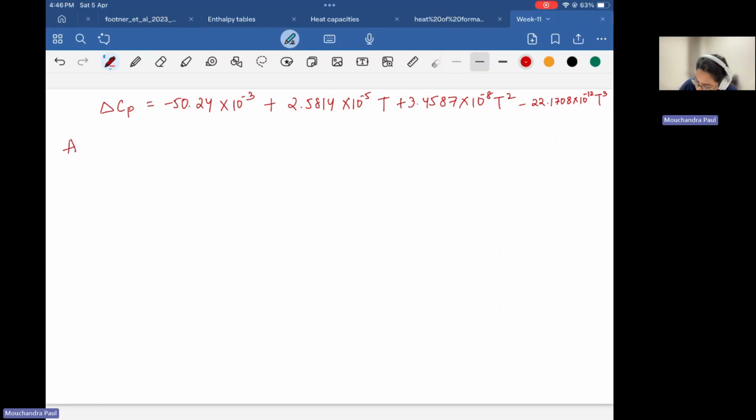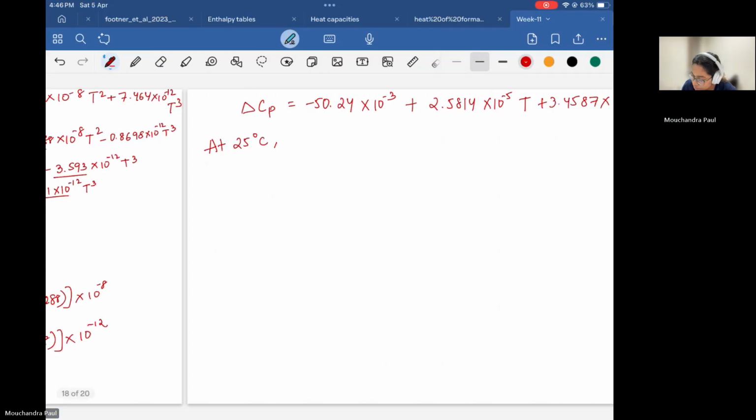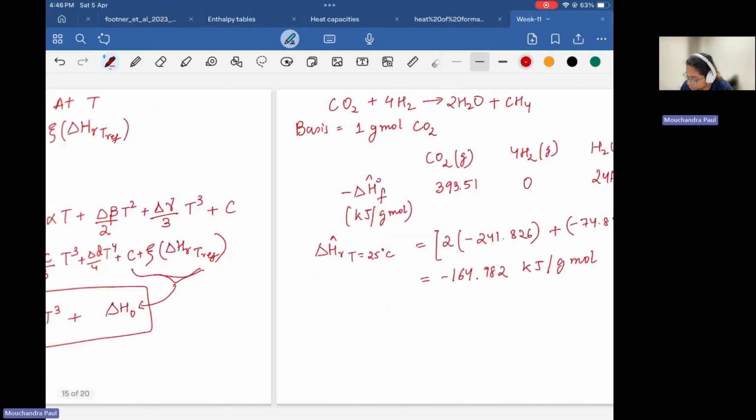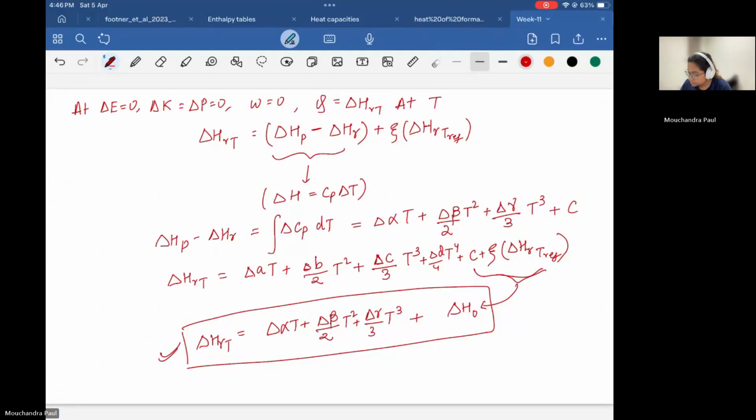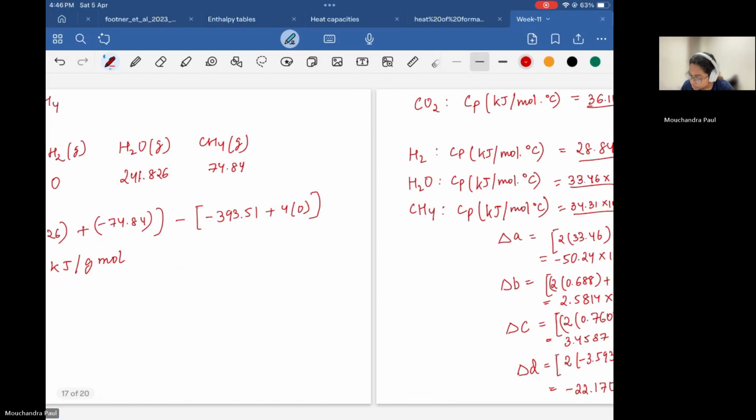So at 25 degrees Celsius, if you apply this expression, then you will be able to calculate delta H naught. Because at 25 degrees Celsius, you know the heat of the reaction. You will just put the values of T here and get the value of this whole thing. And then you'll be able to get the value of delta H naught.